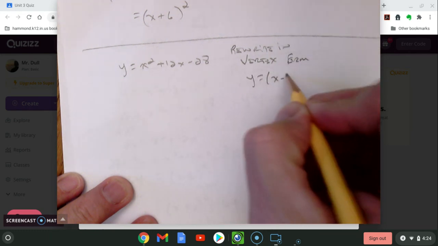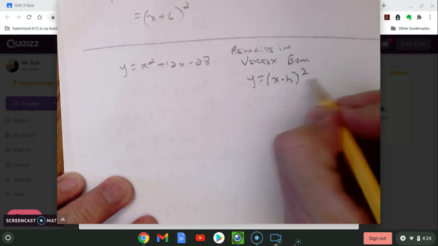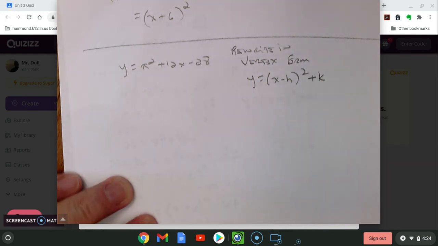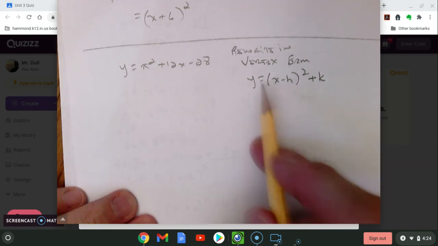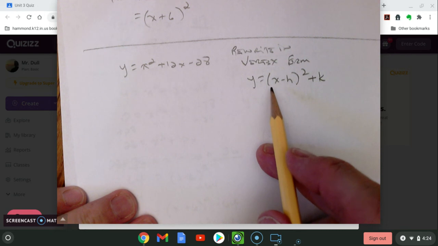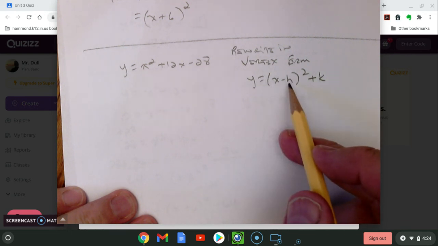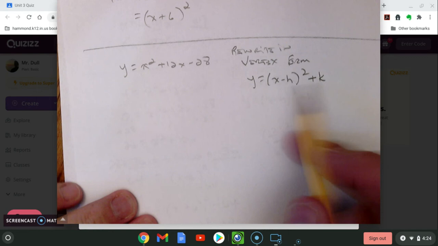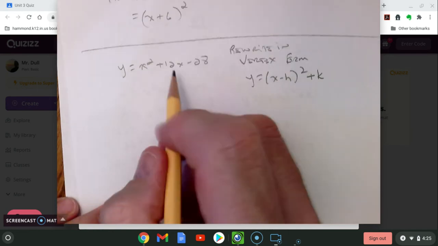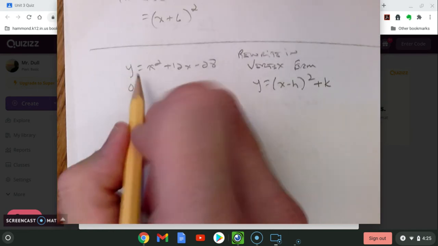So remember what vertex form looks like. y equals x minus h quantity squared plus k, where (h, k) is our vertex. If you look at this, it looks a little bit like what we've been doing, that binomial squared and then adding or subtracting a number. So let's start here. Let's go ahead and replace the y with 0.